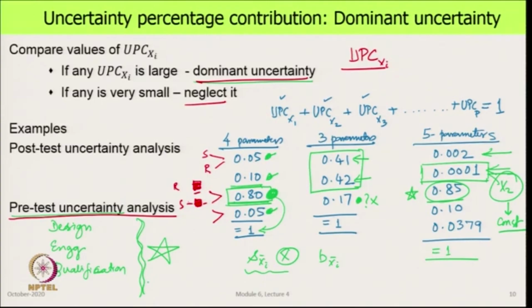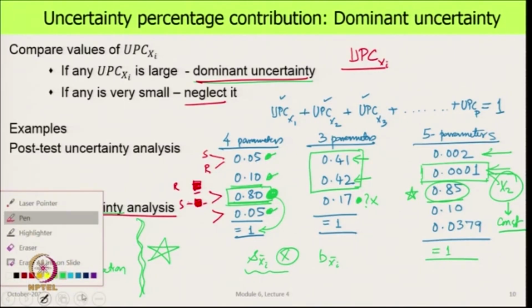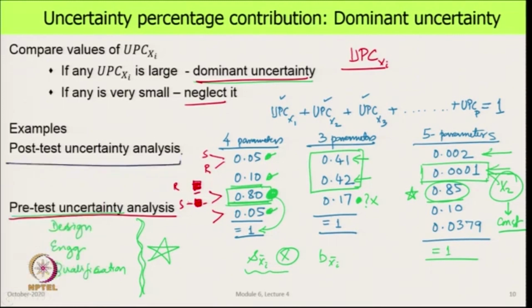So, we took a very important decision, that telling somebody that something is not possible, because the uncertainty is not coming in my apparatus. In the post-test uncertainty analysis, we have all the data, and all this analysis helps us in interpreting the result and drawing our conclusions.